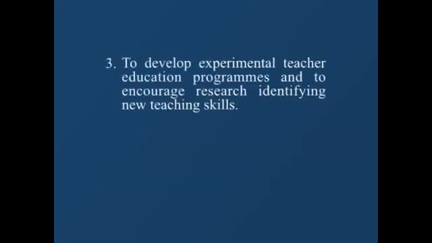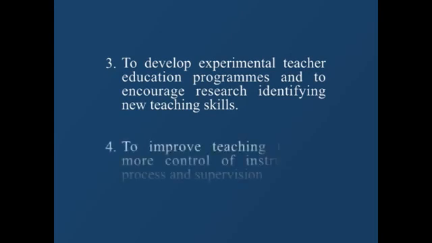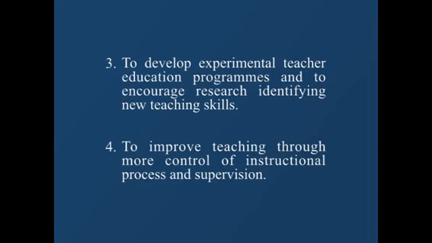Number 3, to develop experimental teacher education programs and to encourage research identifying new teaching skills. And lastly, number 4, to improve teaching through more control of instructional process and supervision.